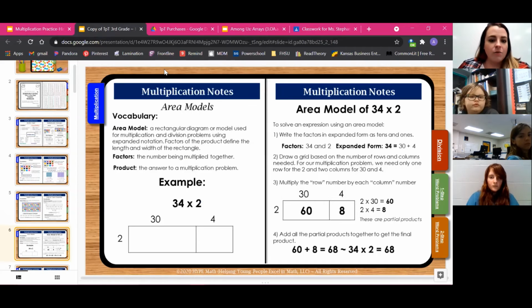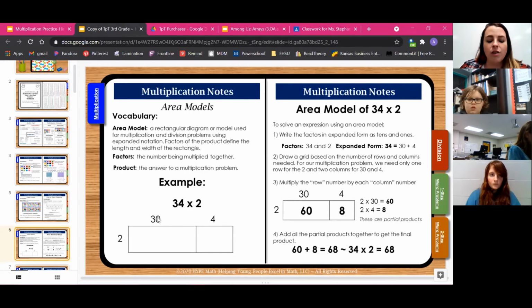Okay, then we have area models. So an area model is a rectangular diagram or model used for multiplication and division problems using expanded notation. Factors of the product define the length and width of the rectangle. So factors are the numbers being multiplied together, and product is the answer to a multiplication problem. So if we wanted to do 34 times 2, we're going to break this down and put it into 30, a multiple of 10, and put it into 4.